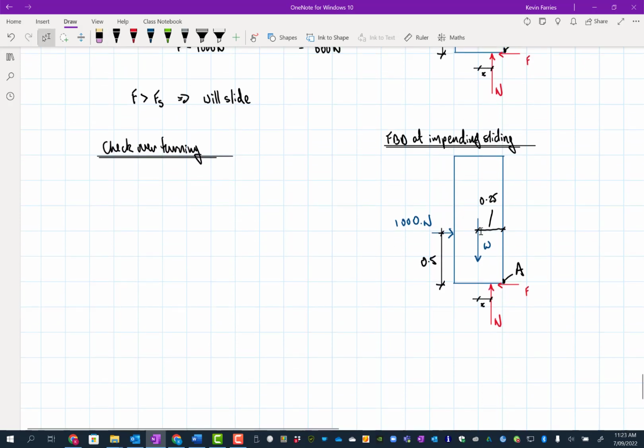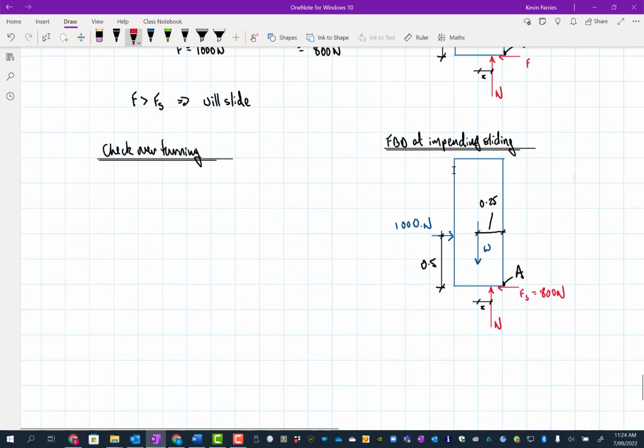Free body diagram at impending sliding. And so what we know at impending sliding is that this here is Fs, and it's going to be 800 newtons. We've just figured that out here. And so therefore, if we were imagining increasing the force, the point at which it'll start to slide would be when this was 800 newtons.